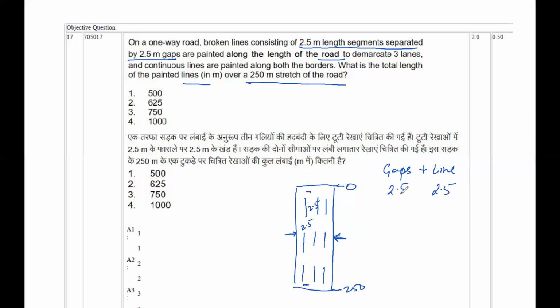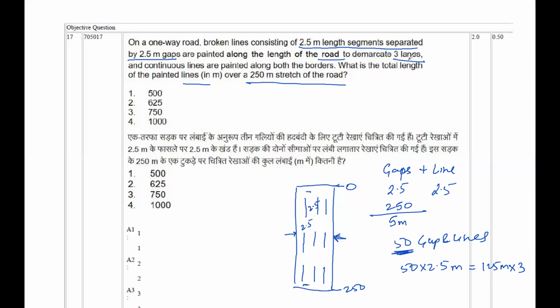So the total of gap plus line segment is 5 meter, and we divide 250 by that. So we get 50 gaps and lines, out of which there are 50 lines. So 50 into 2.5 meter is 125 meter.